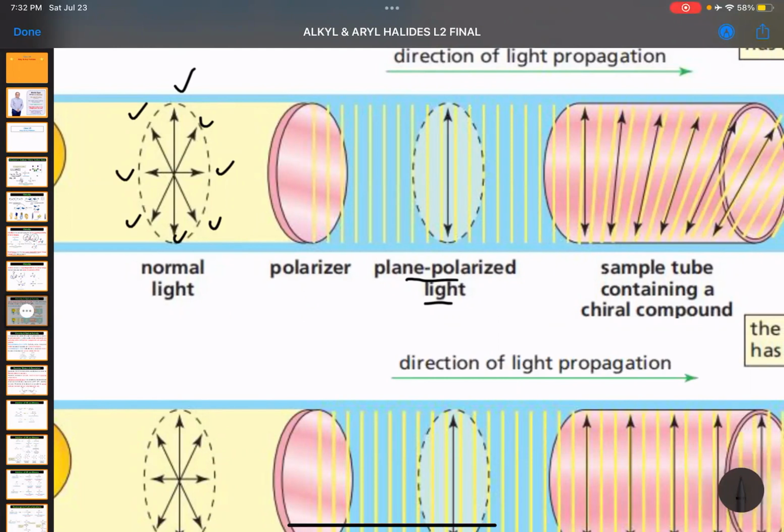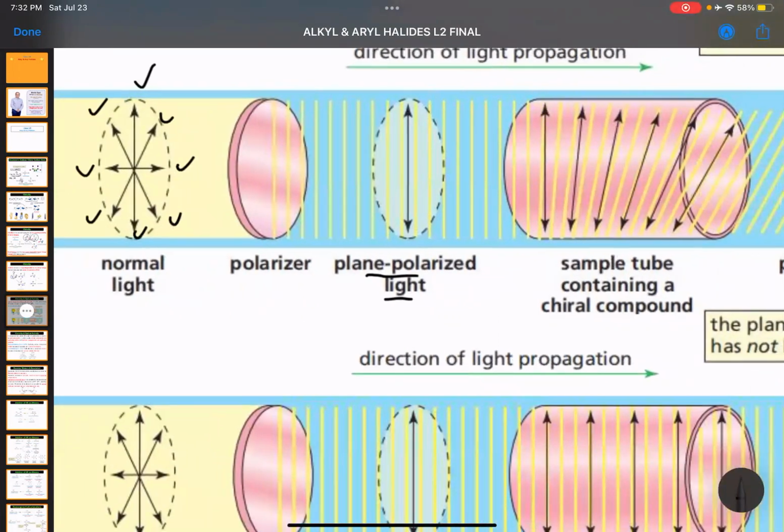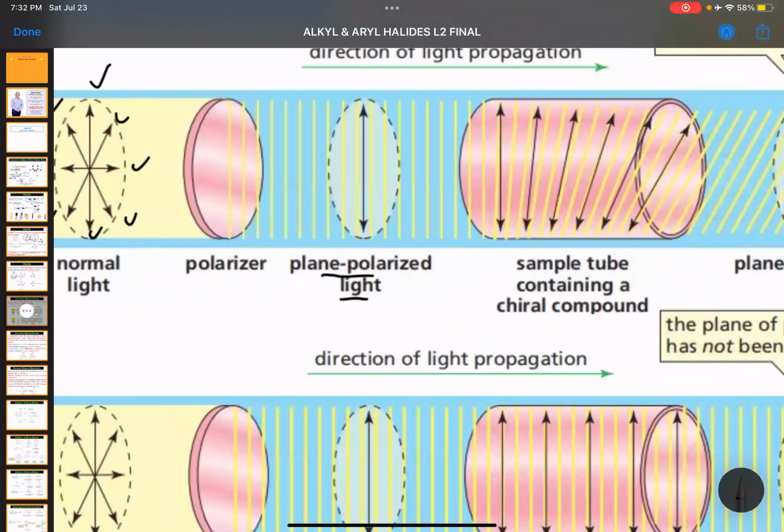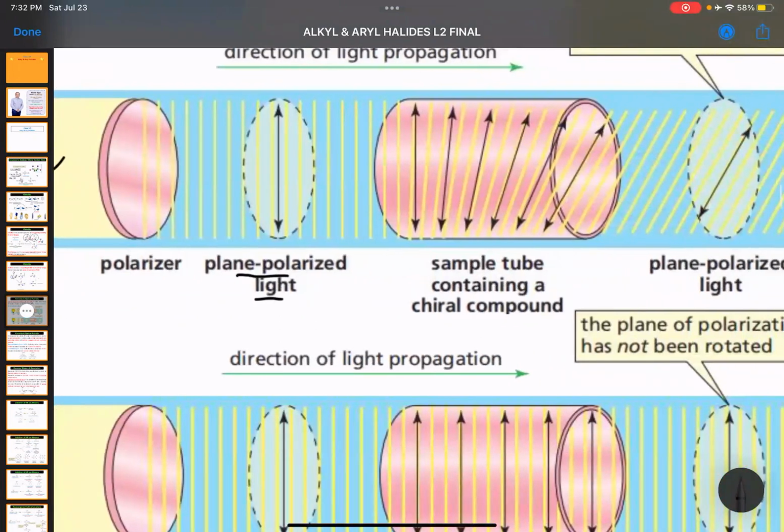And there is a tube. This tube is removable, and there are glasses on both ends. You can fill your compound in it. The polarized light enters from one side through the glass. You put in the compound which you want to check for whether it is optically active or not.